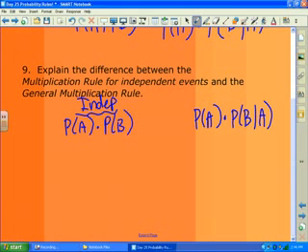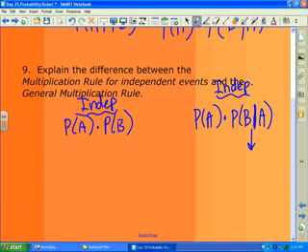Okay. Let's just say that I know that they are independent, and let's discuss this right here. If I know they are independent, this says the probability of B given A happens. Okay, so follow me here. Probability of B given that A happens. What if they're independent?